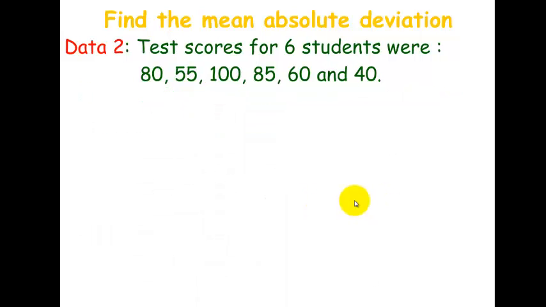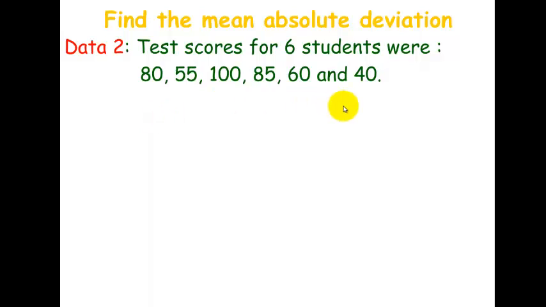Alright, another example. I will just ask you to solve for this data. I need you to find the mean absolute deviation. So pause your video right now, practice on this data, create your own table, find the mean, then subtract the mean from each of these numbers, get the average.